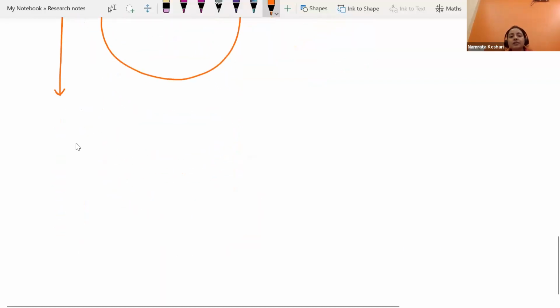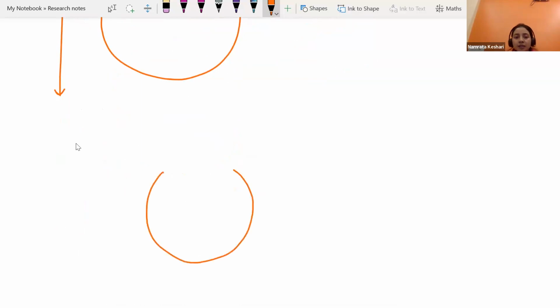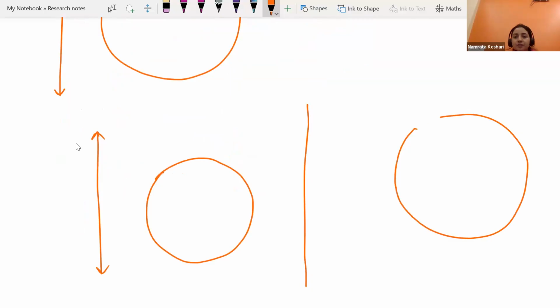What will be the possibilities if I give you a circle and a straight line? Maybe the line will just lie beside the circle, just like that. Or maybe the line will just intersect the circle like this.